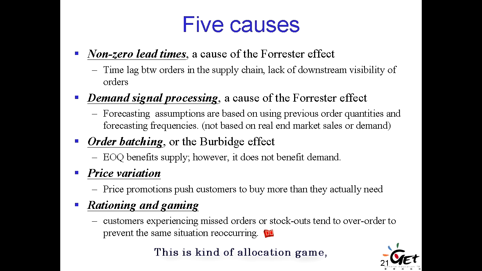So this kind of allocation game or rationing game will also generate bigger variations for the suppliers. They will see the demand fluctuation as so much bigger. These are 5 causes that can create the so-called bullwhip effect.